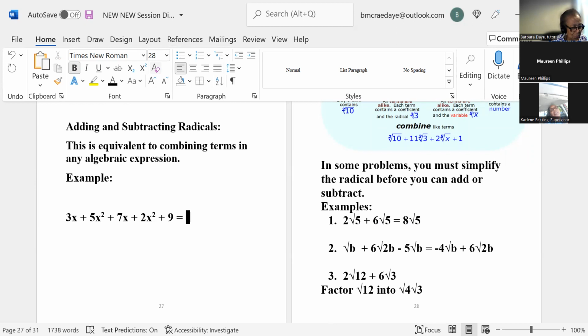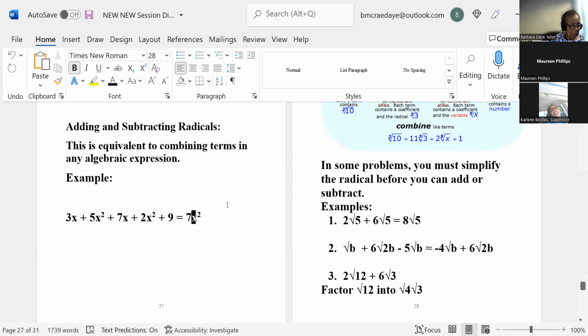So what would that give you? 7x to the power 4. Oh, no, no, no. It'd just be 7x squared. You just add the coefficients. You don't add those exponents. You only add exponents when you multiply. So this would be 2x squared plus 5x squared, and that would give you 7x squared.